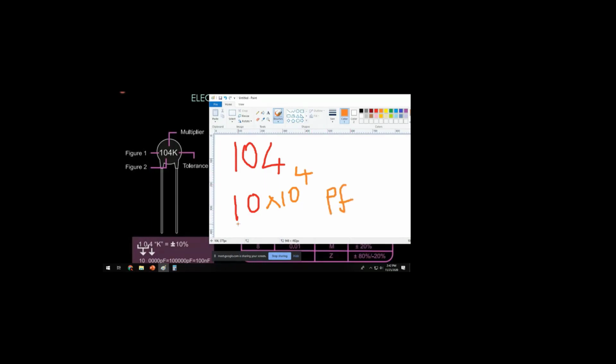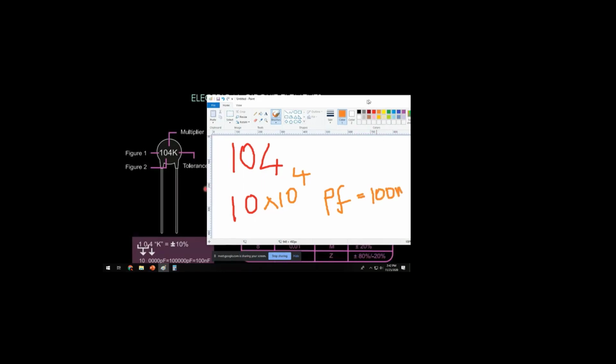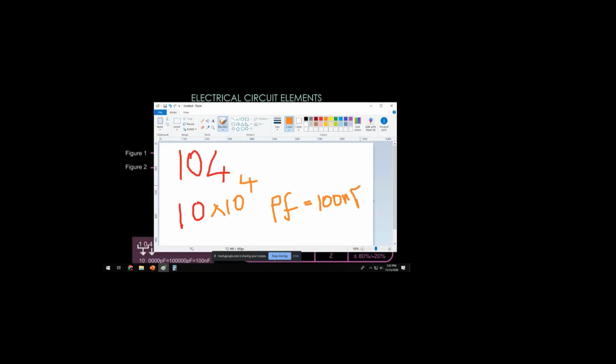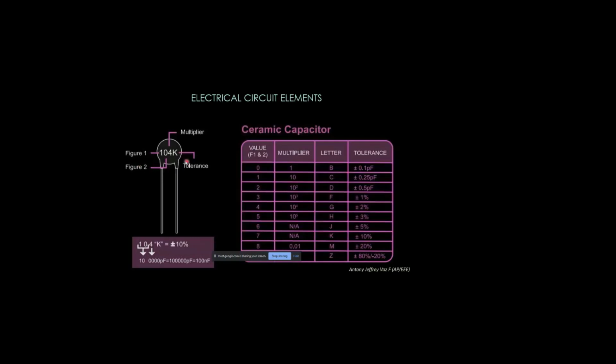This is the value of the capacitance present in it. When converting picofarad into nanofarad, we will have 100 nanofarad. So you can easily convert the 104K capacitance value, which represents 100 nanofarad. Okay.